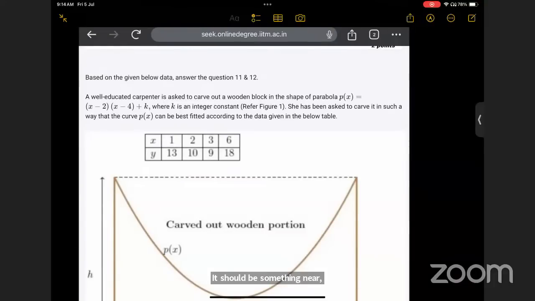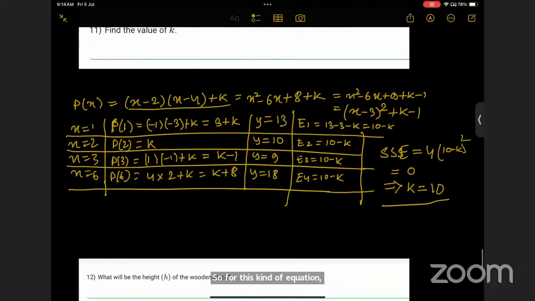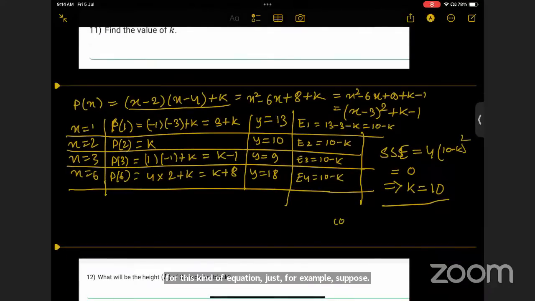We can have some equation which doesn't have any real root. We can find some such equation, right? For example, suppose instead of 10 minus k, we have 10 plus k.